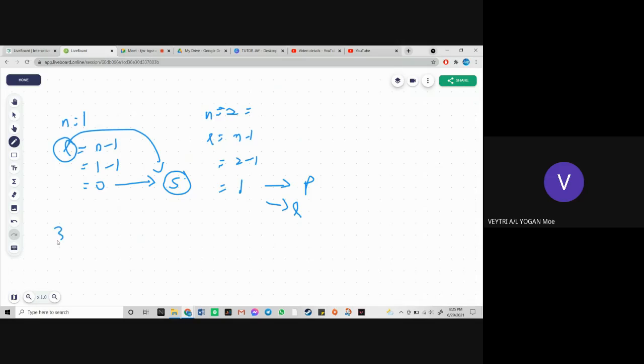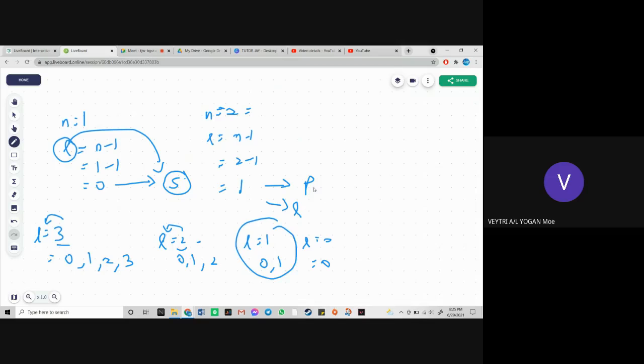Let's say it is 3. The value of L can be 0, 1, 2, anything 3 and lower. Let's say L equals 2, it can be 0, 1, 2. L equals 1, it can be 0, 1. L equals 0, it is just zero. Anything that number and lower. So here L will be 1. If it is 1, it will be 0 and 1, which is the S orbital and P orbital.